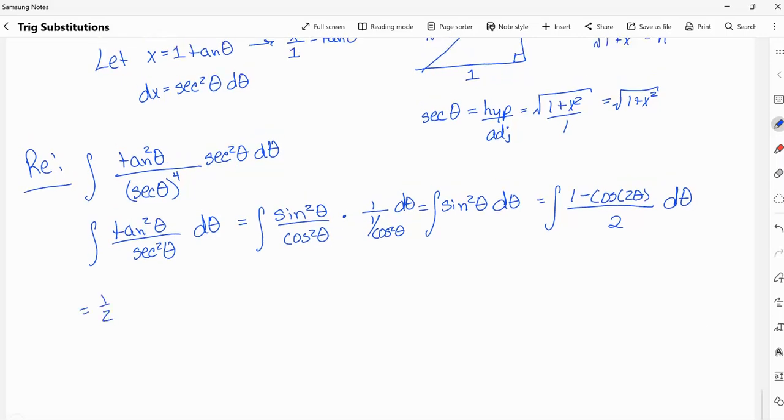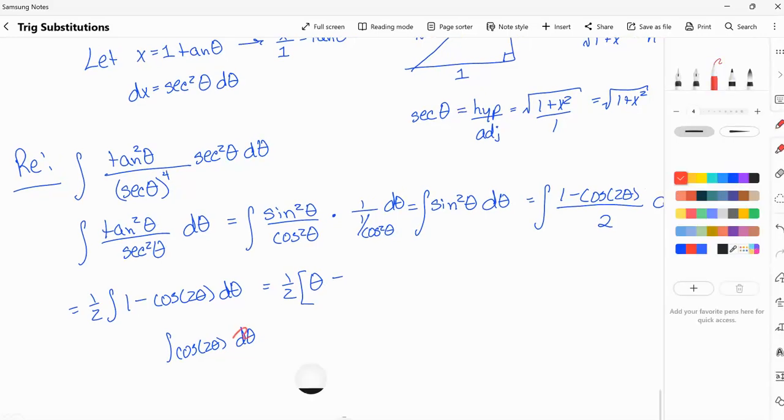I'm going to pull that 1/2 out. So I'm integrating 1 minus cosine of 2 theta d theta. When I integrate 1 with respect to theta, I'm going to get theta. When I integrate that cosine, so cosine of 2 theta d theta, we would need to do a u substitution, so we would need a 2 to compensate with a 1/2.